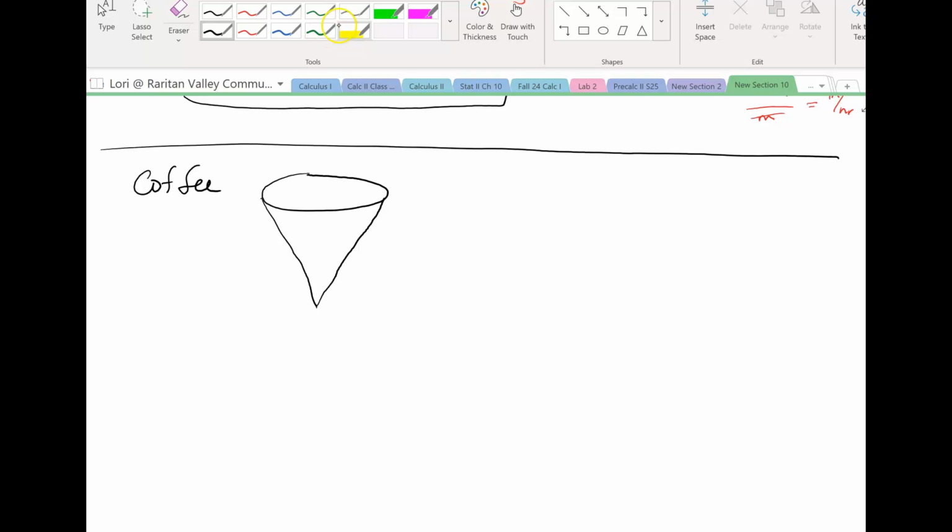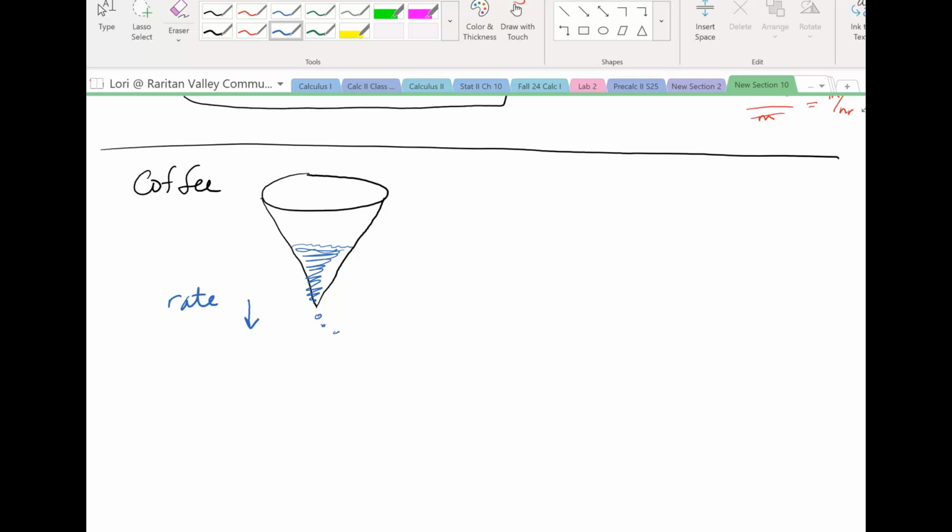We also know that our coffee is dripping out of our cone. And it is dripping out at a rate of 2.25 inches cubed a minute, I believe.